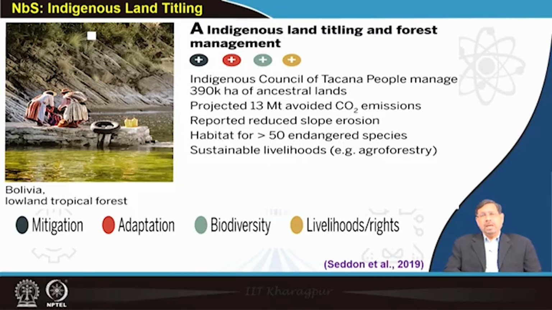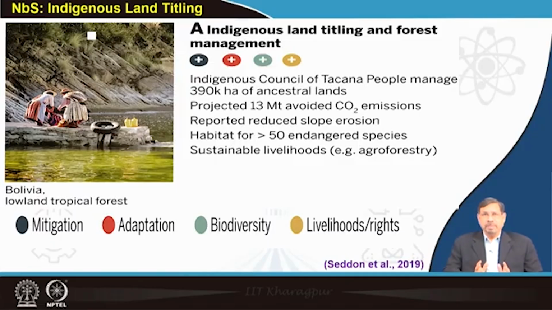And then it is projected that 13 million tons of carbon dioxide emission could be avoided because of this management. It has also been reported in terms of reduced slope erosion.